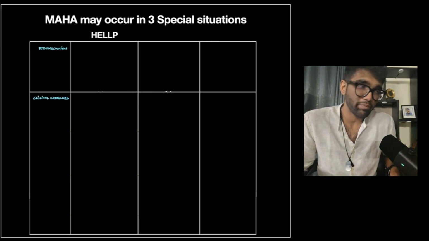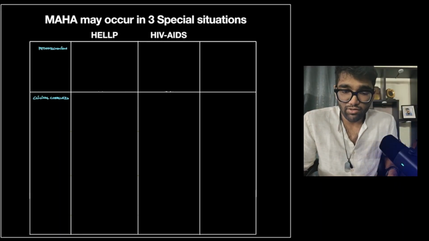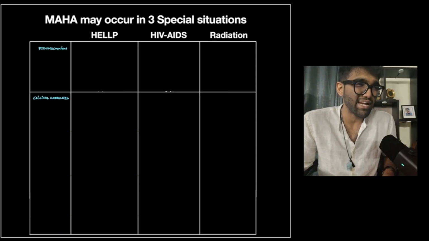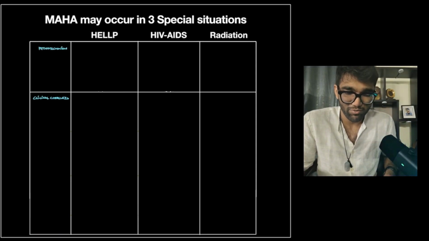The second situation is HIV/AIDS associated hemolytic uremic syndrome, and the final one is radiation related hemolytic uremic syndrome. It also occurs post hematopoietic stem cell transplant, but hematologists are very aware of it, so we need not talk about that right now.